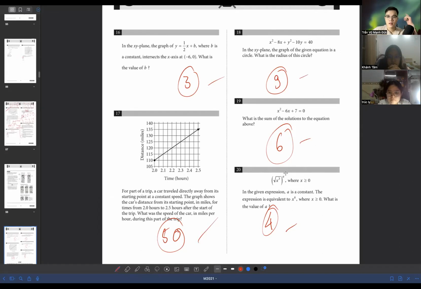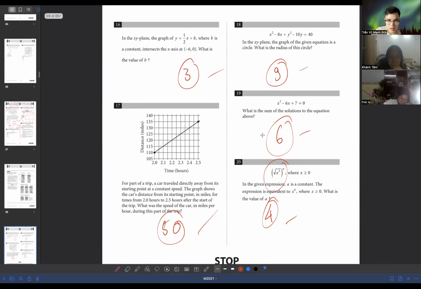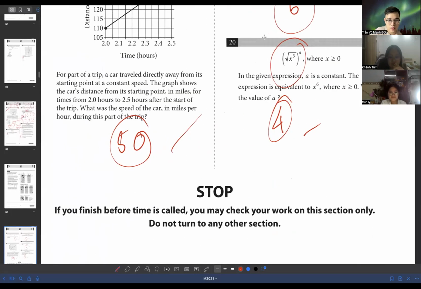And this one, I'm just going to briefly remind you about the exponential rule. When you encounter this kind of complex exponential, remember to simplify them by turning the square root into the denominator and turning the power into the numerator.